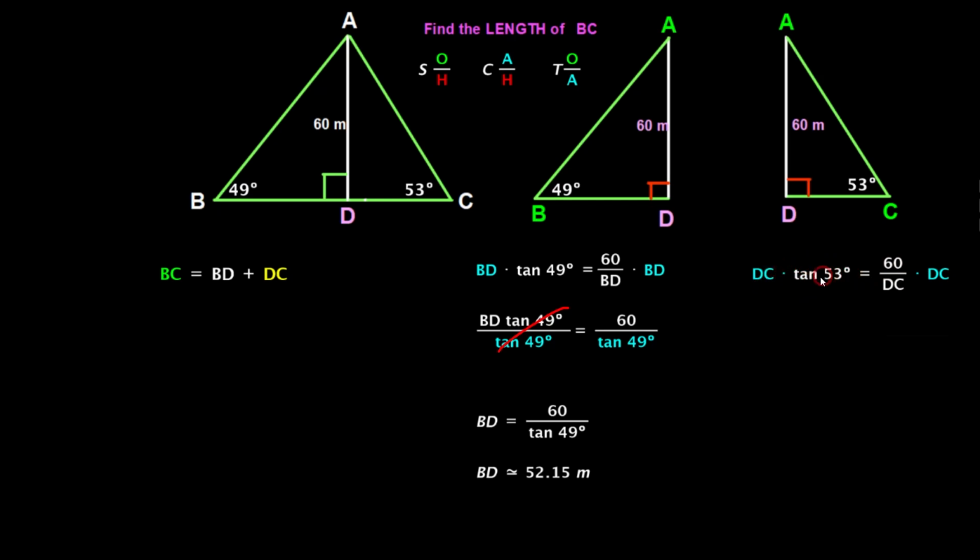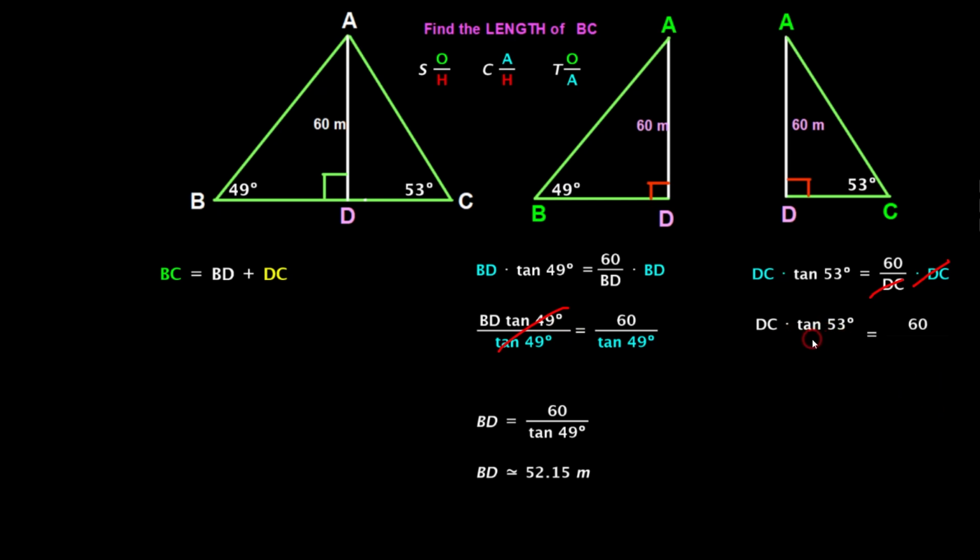It feels uncomfortable, but tan of 53 actually is a value. We will use the calculator to get the value. Doing that, the DC is cancelled on the right-hand side, and the left side is DC times tan of 53 equals 60.